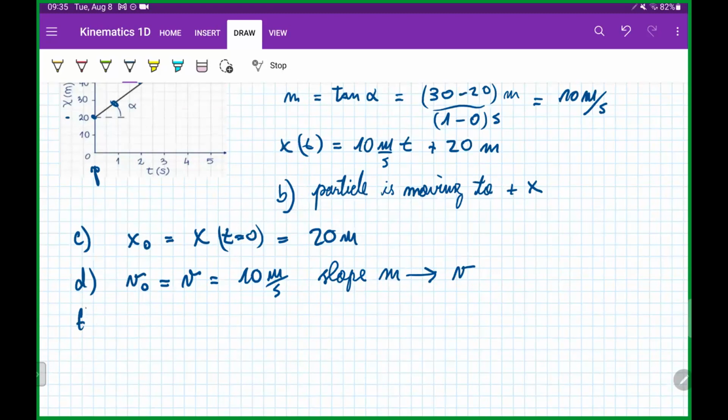Do we actually have acceleration? We haven't specifically talked about acceleration, but we know that when we accelerate, velocity changes. And in this case, velocity is not changing at all. So let's say it's a straight line, uniform motion.